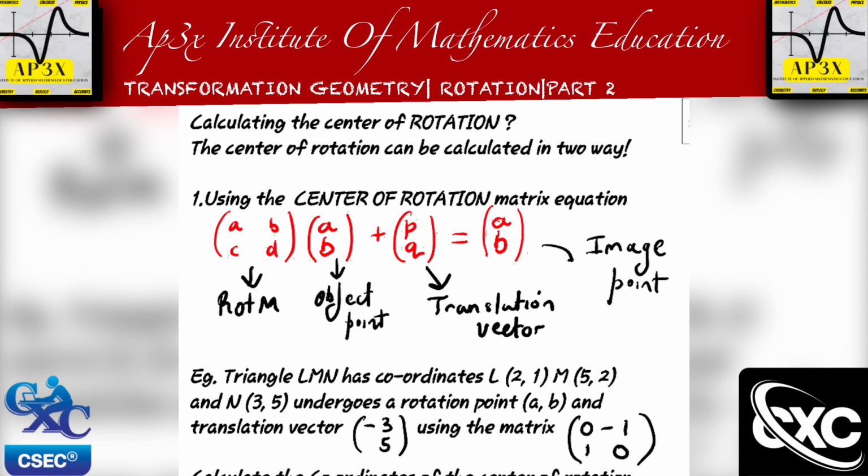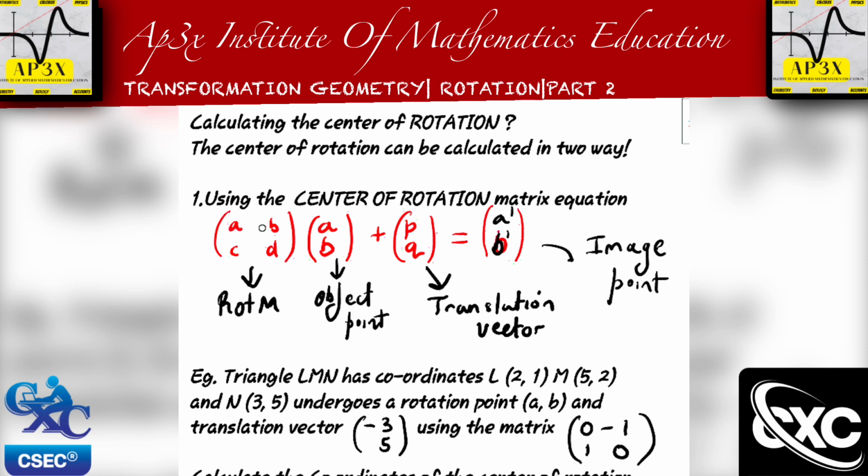And whenever that happens, the rotation is represented by the equation here on screen: the matrix ABCD multiplied by AB plus PQ is equal to, this should have been A prime B prime, pardon me, this should have been A prime B prime.